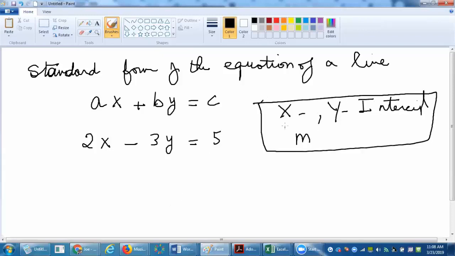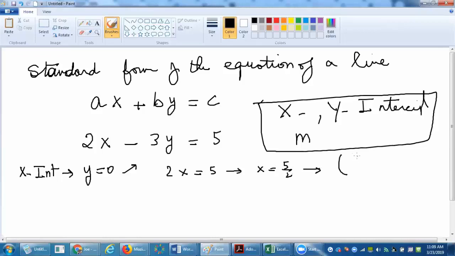So to find the x-intercept, always plug in y equals 0. In the equation, you end up with 2x equals 5, or x equals 5 over 2, and therefore the x-intercept is 5 over 2, 0.